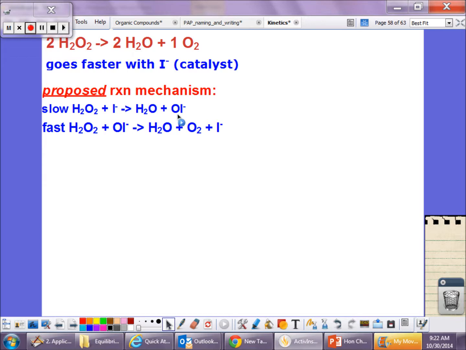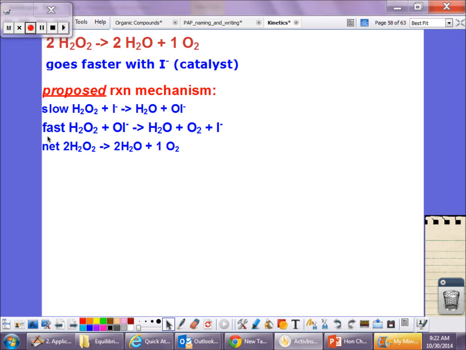The intermediate is formed and used, which is different from a spectator. A spectator does not participate at all in the reaction. The spectator is just there. So make sure you know the difference between an intermediate, a spectator, and a catalyst. The next equation, you add those two steps together to give you the two hydrogen peroxide to produce two water molecules and one oxygen.